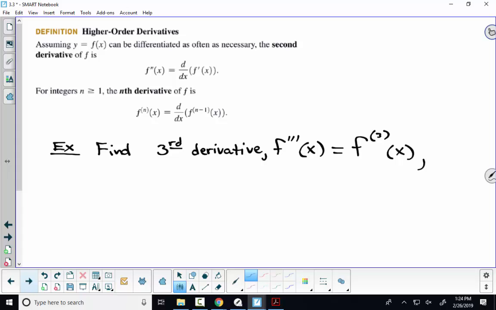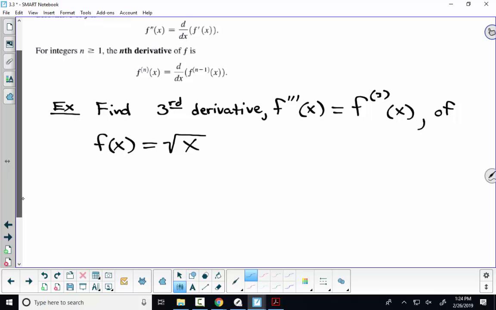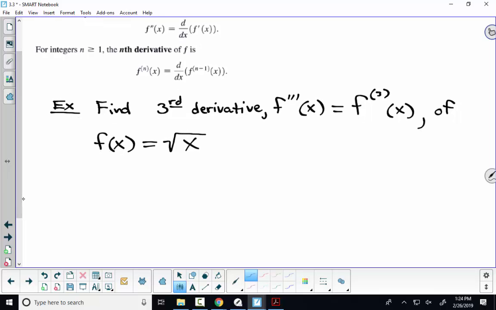So find the third derivative of f of x equals, let's do the square root of x. So the first derivative of the square root of x is what? 1/2 x to the negative 1/2, right?